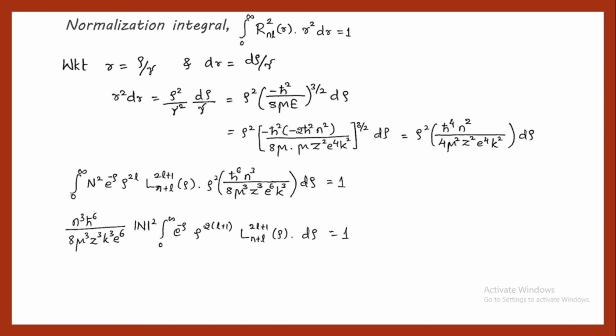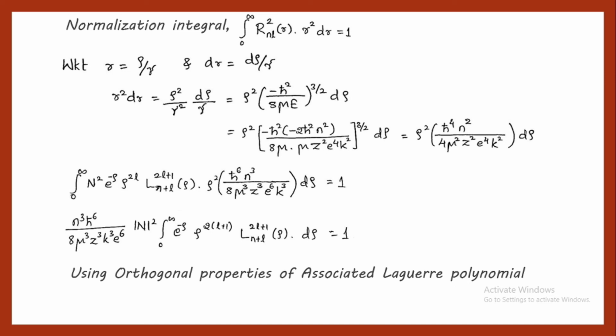This integral is nothing but the orthogonality condition corresponding to the associated Laguerre polynomial. With the knowledge of Laguerre polynomials and associated Laguerre polynomials, the orthogonality condition can be used, which gives the value of this integral as 2n into (n plus l) factorial whole cube divided by (n minus l minus 1) factorial. So this is a standard condition.